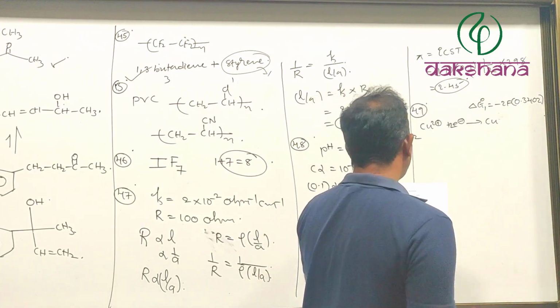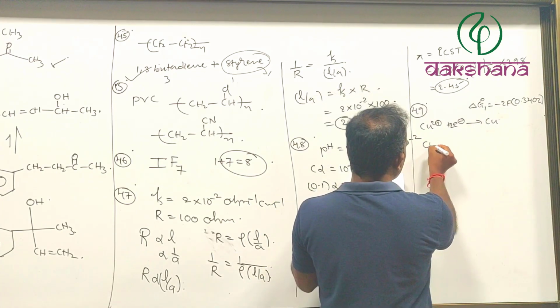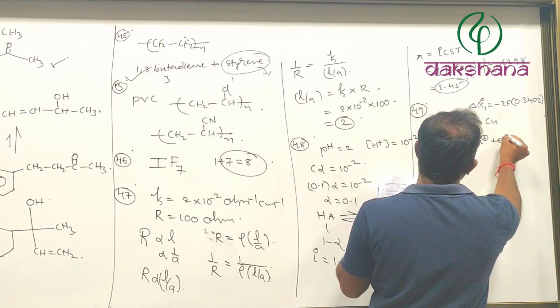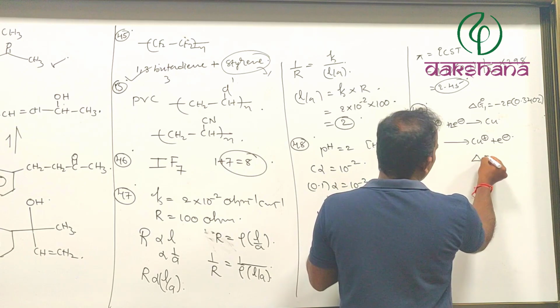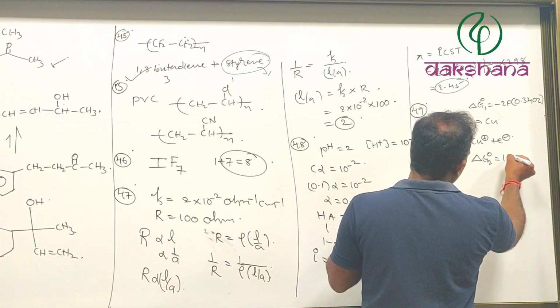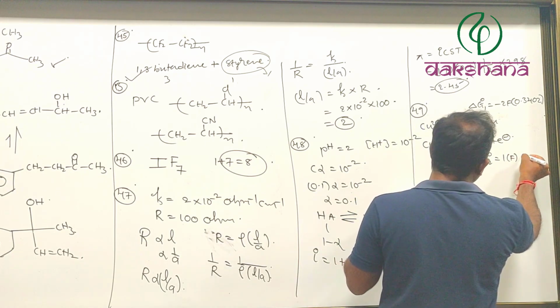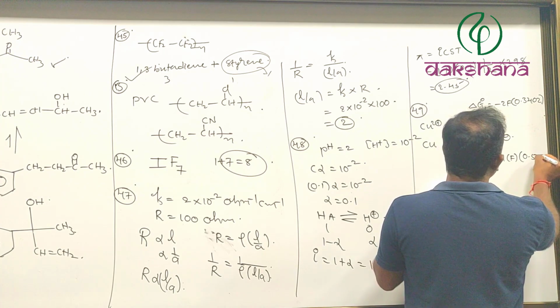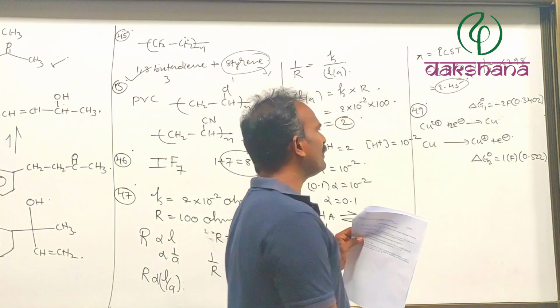And for the other one, I am reversing it: Cu gives rise to Cu+ plus an electron. ΔG2 naught is equal to plus 1 into F into 0.522.